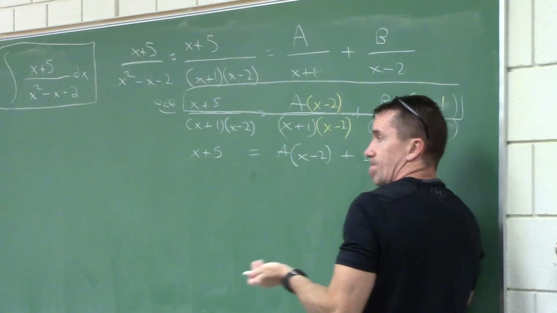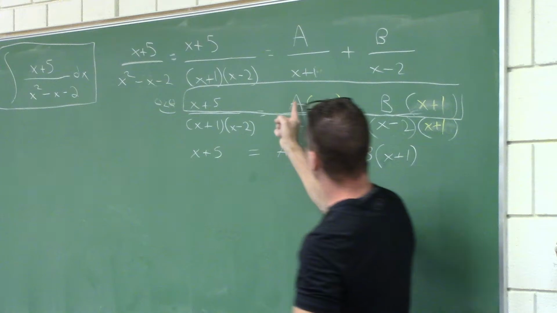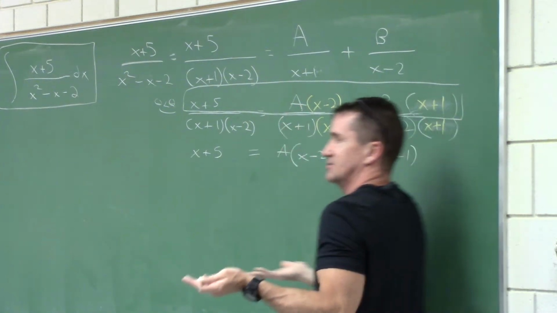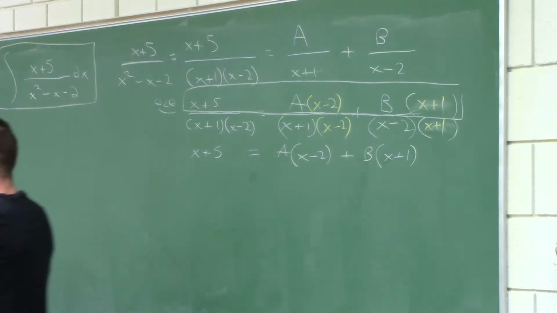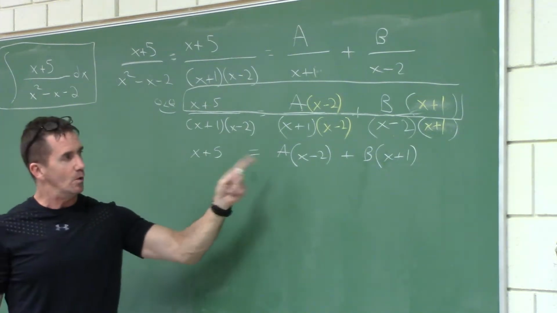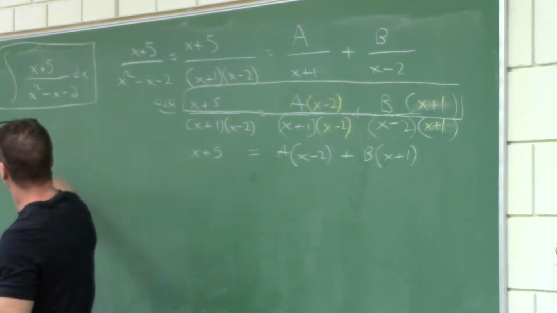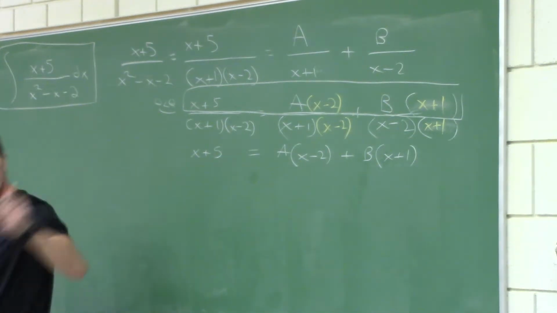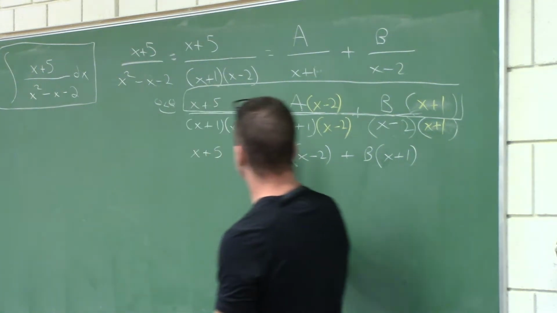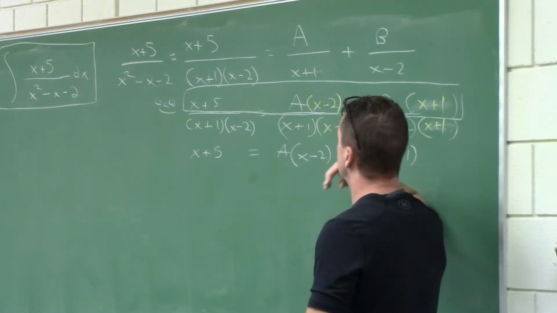You agree? x plus 5 must be equal to A times x minus 2 plus B times x plus 1, right? Because all the denominators are the same. So now we get those denominators out of the way, and this becomes our focus. We haven't even come close to doing that integral symbol. We're just trying to find the value of A and the value of B, so that these two sides of the equal sign are equivalent.